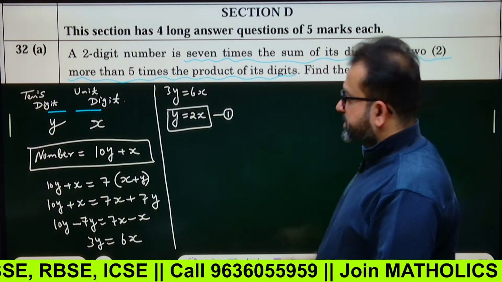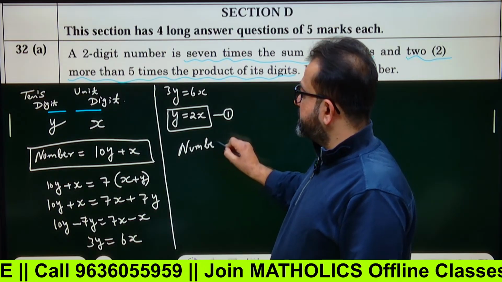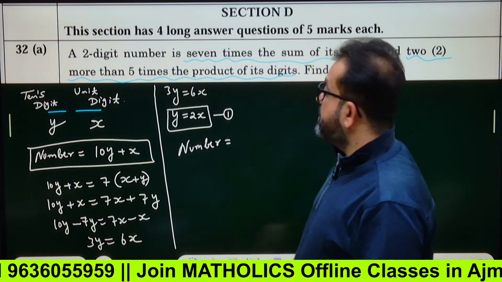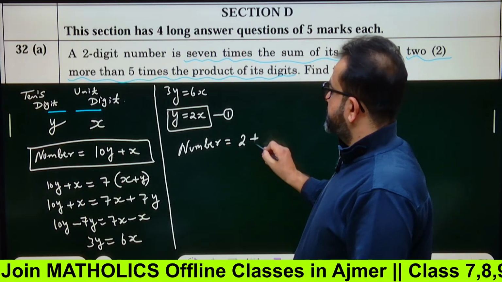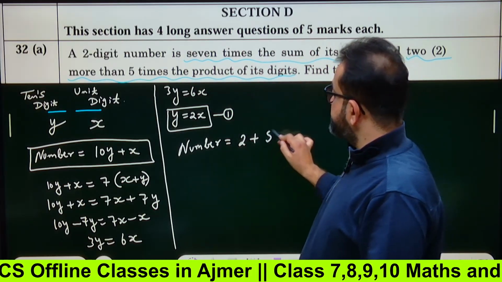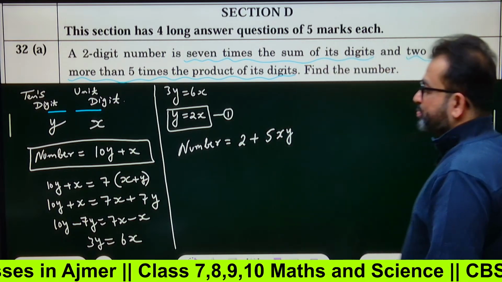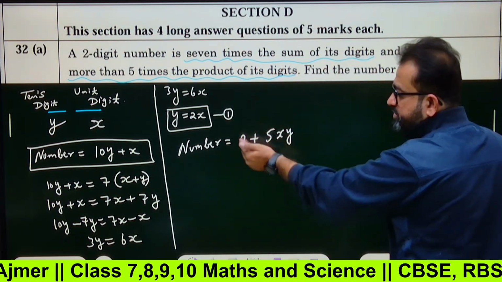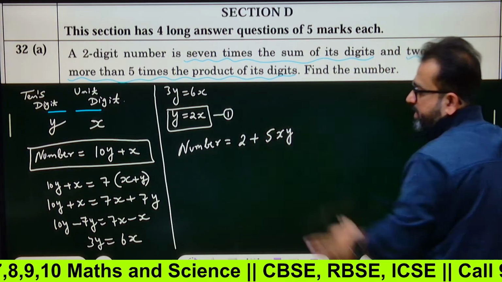This number is also equal to 2 more than, means 2 plus 5 times the product of its digits, means xy, 5xy.